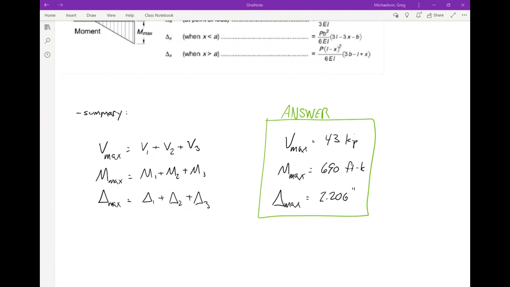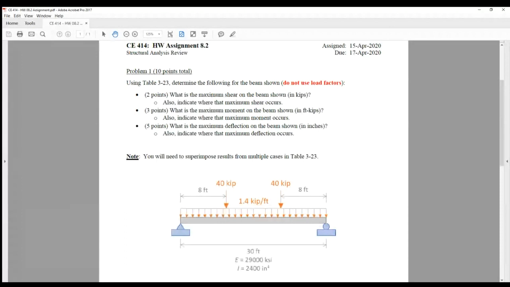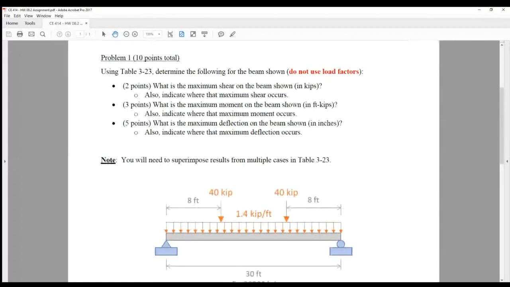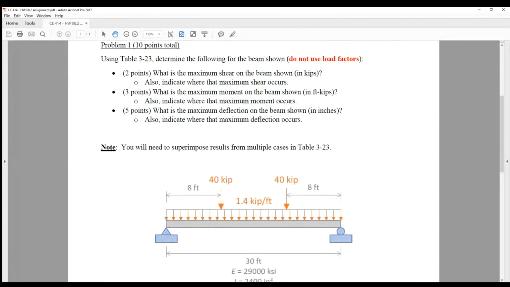All right. Let me stop the share and pull up the homework. Okay, so here's the homework assignment. I'm giving you a simply supported beam with 2 point loads somewhat inside.